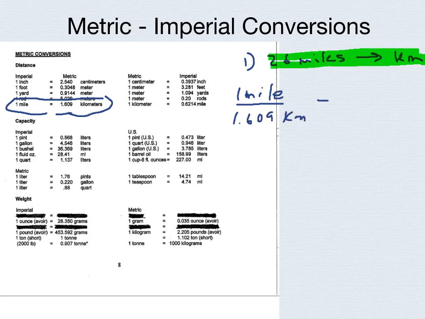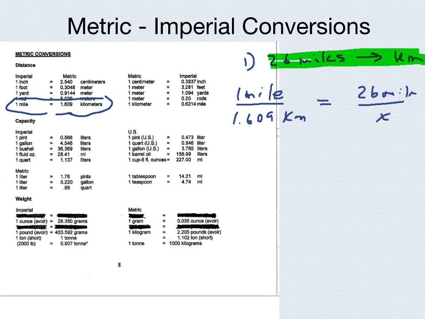In the other half, I'm going to write down what I'm given and put the question mark for what I want to find. So 1 mile on the top, equivalent to 1.609 kilometers on the bottom. 26 miles is going to go on the top. And the unknown is going to be how many kilometers is that equal to.